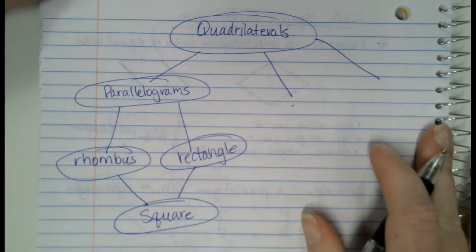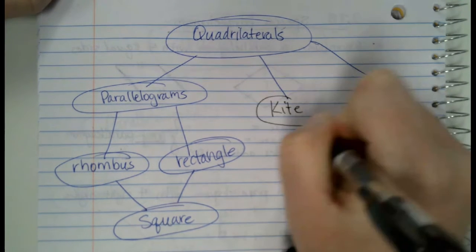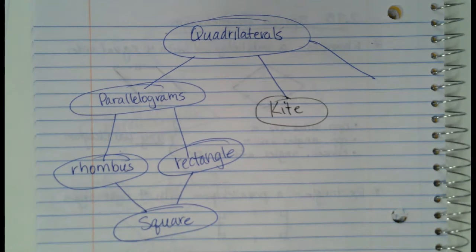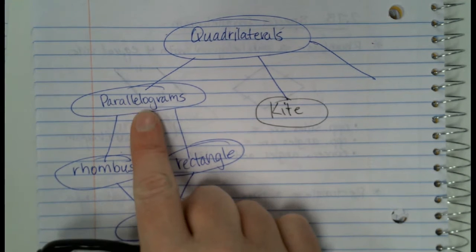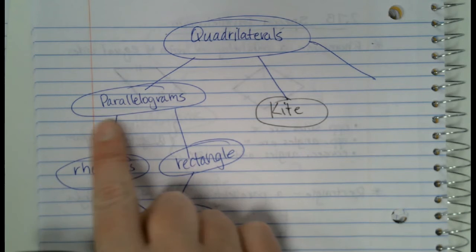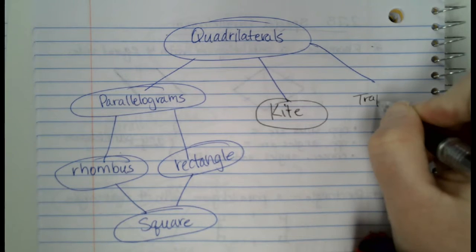So our first one is going to be the kite. A kite is a type of quadrilateral. A kite is not a parallelogram. It doesn't fit in this family, that's why I put it over here. And then the other one that we're going to talk about is the trapezoid.